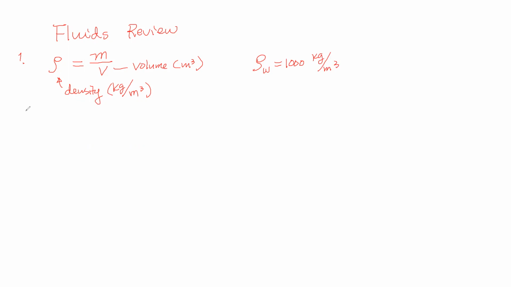So number two, specific gravity. So S is equal to the density of the material divided by the density of the water. So there's no unit here. Units cancel out. So that's specific gravity.